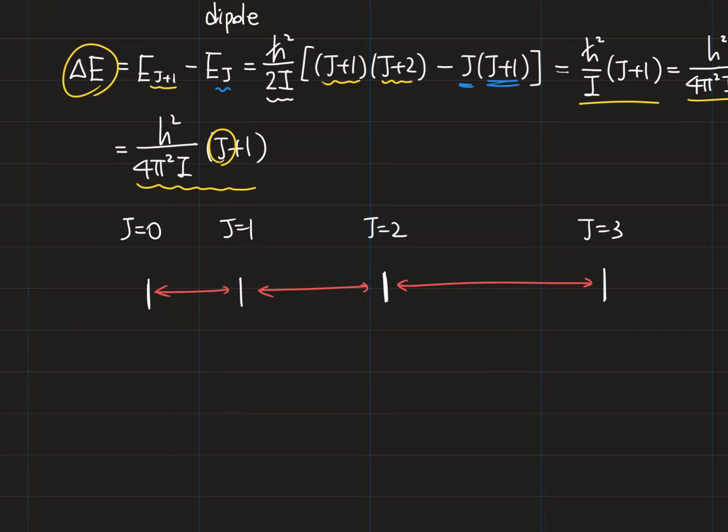So here the energy difference should be h squared divided by 4 pi squared I, and here multiplied by 2, and 4.